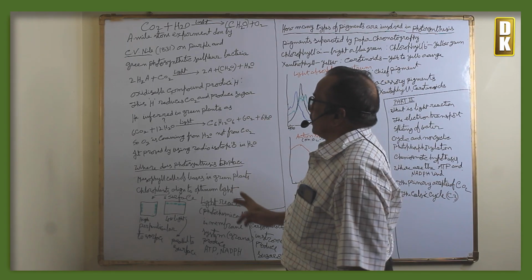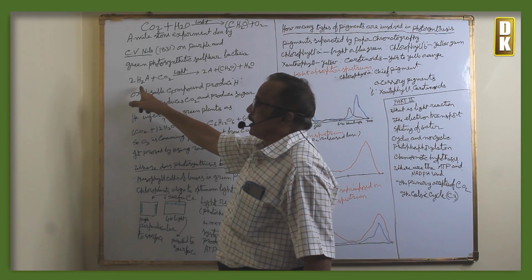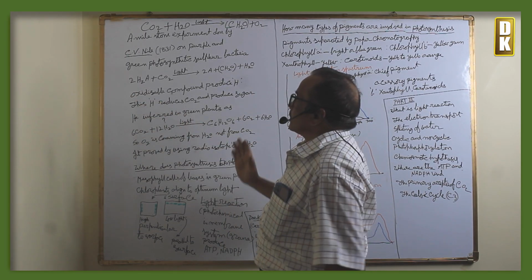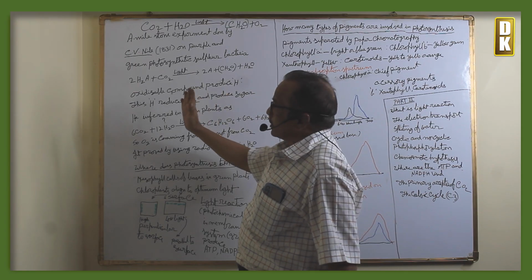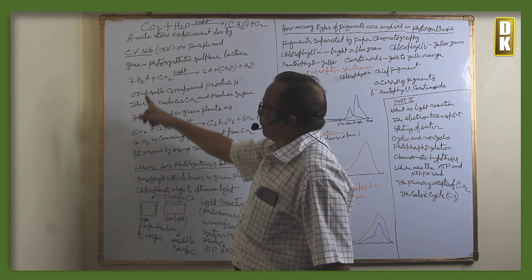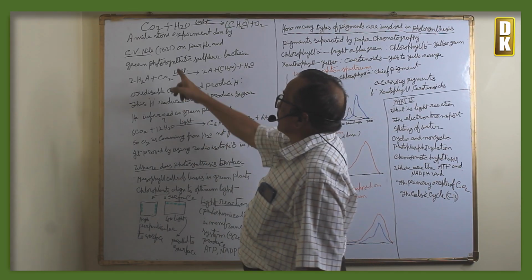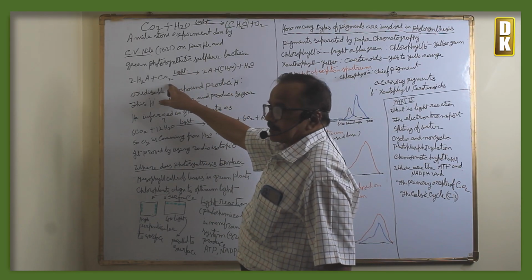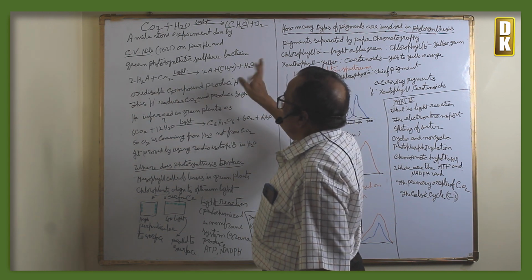Now he is telling that H2A is oxidizable, it can be oxidized. Oxidation means it will liberate the hydrogen. The oxidizable substance plus carbon dioxide gives sugar and water.